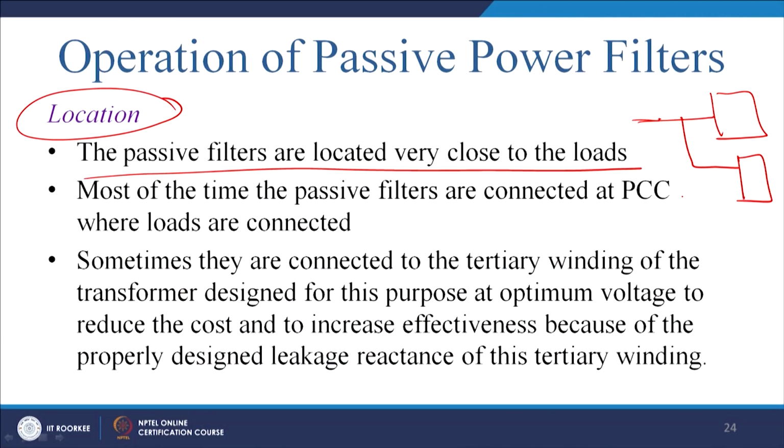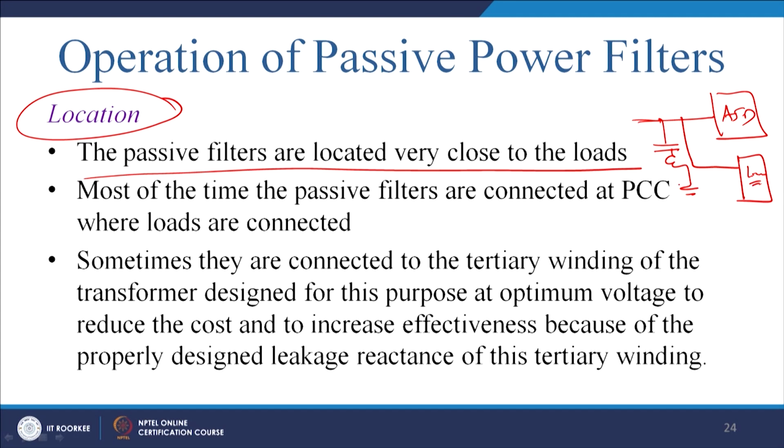For example, you have an adjustable speed drive, and parallel to it there is another load, and if you connect a passive filter here, this is the ASD and this is the linear load, maybe a motor without a switching frequency.